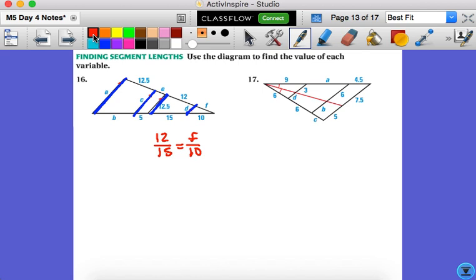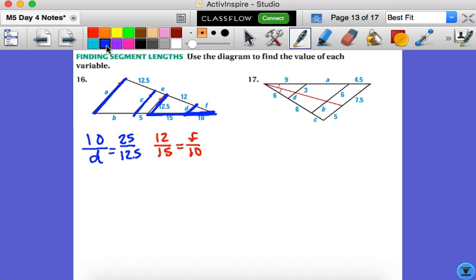However, if I'm trying to solve for d, I would need to say 10 over d would equal 25, by adding those together, over 12.5. And then I can cross multiply from there.